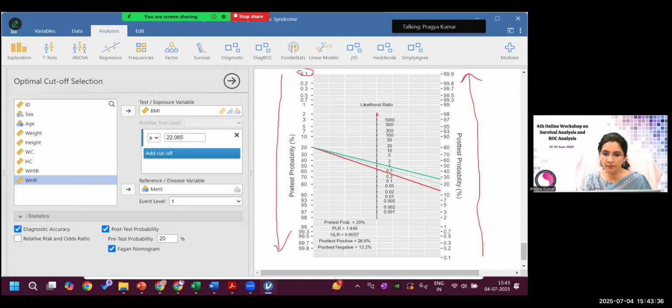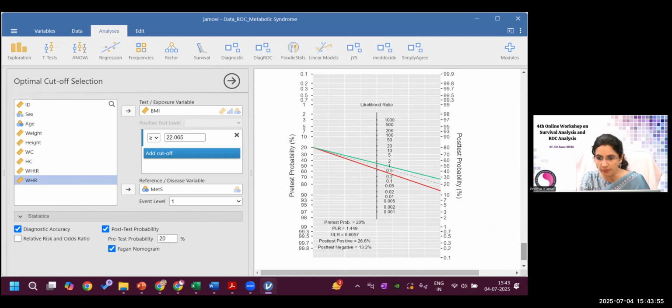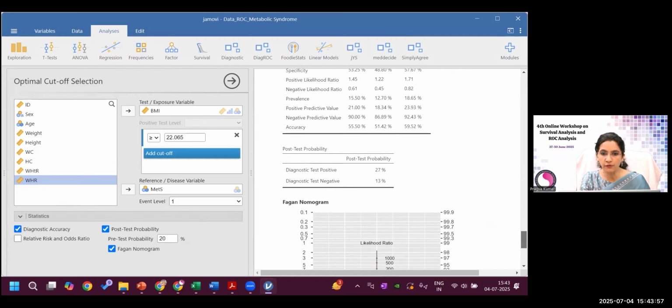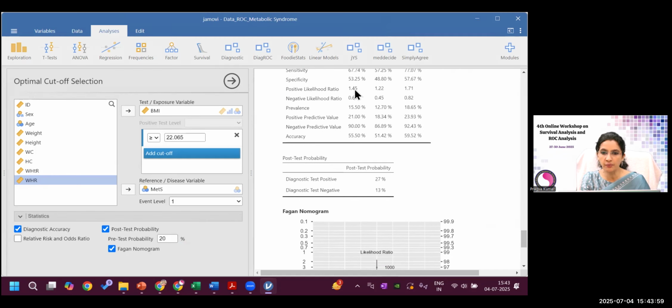And in the middle, there is the likelihood ratio. So how it plots: initially it takes the pre-test probability. This is the pre-test probability, it was 20%. And now you see what the positive likelihood ratio is. If I go up, the value of the positive likelihood ratio is 1.45.